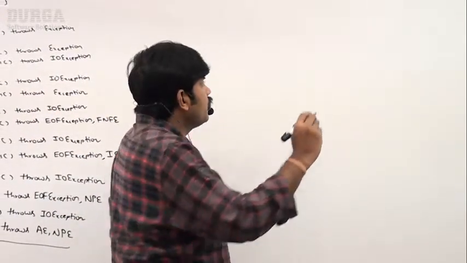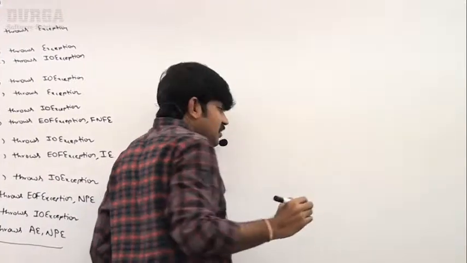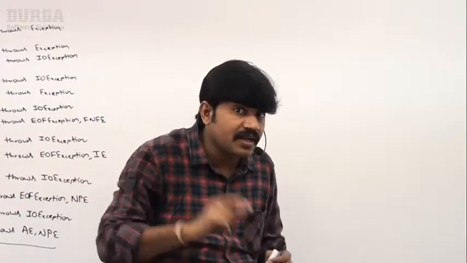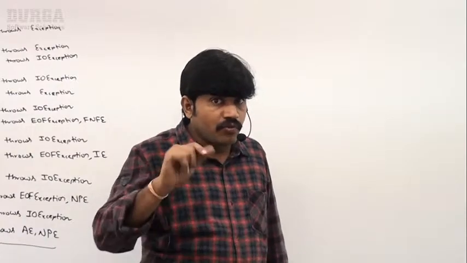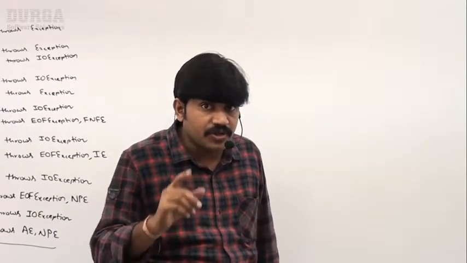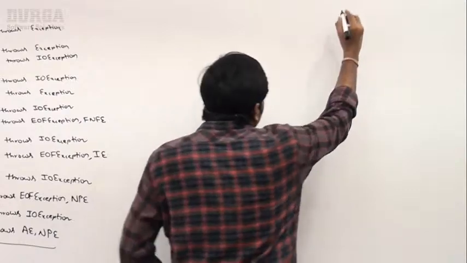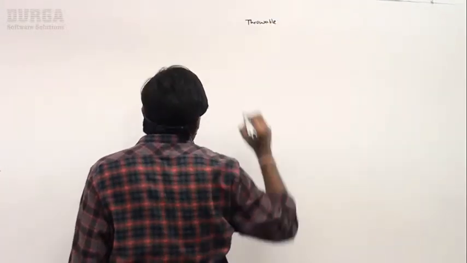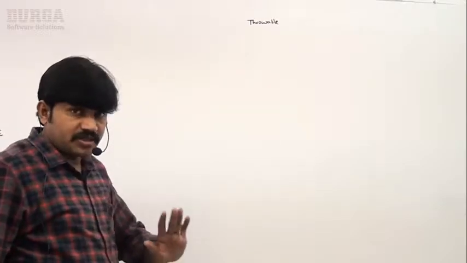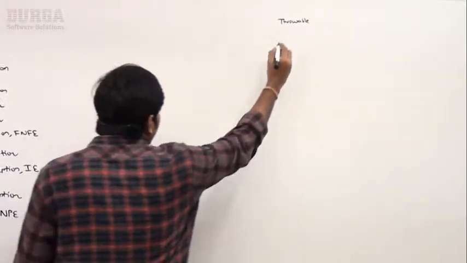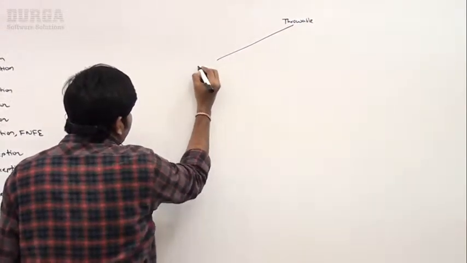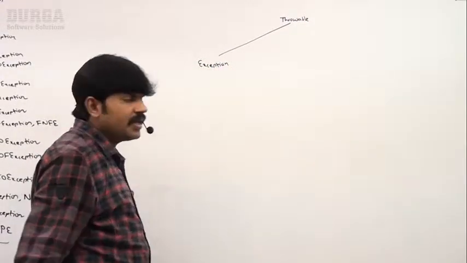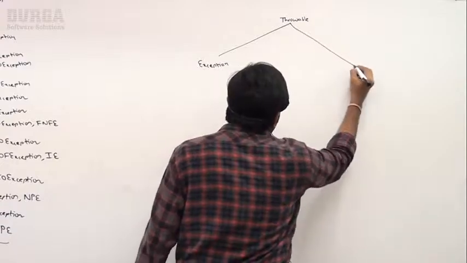Which class acts as the root of the Java exception hierarchy? Throwable, which we covered in the last videos. Throwable acts as the root for all Java exceptions and errors. Throwable contains two child classes, Exception and Error.